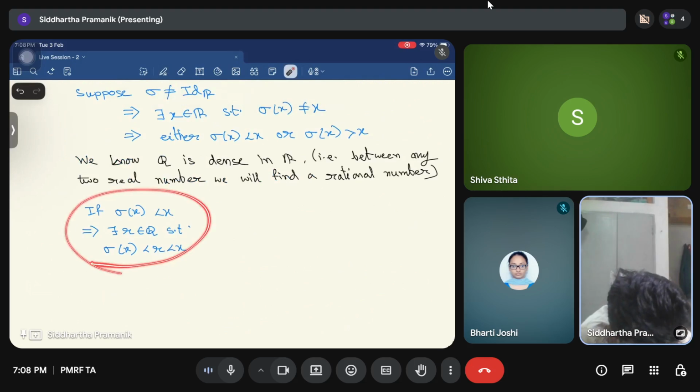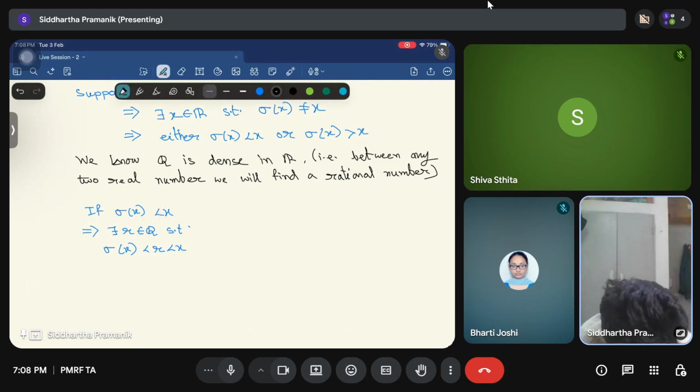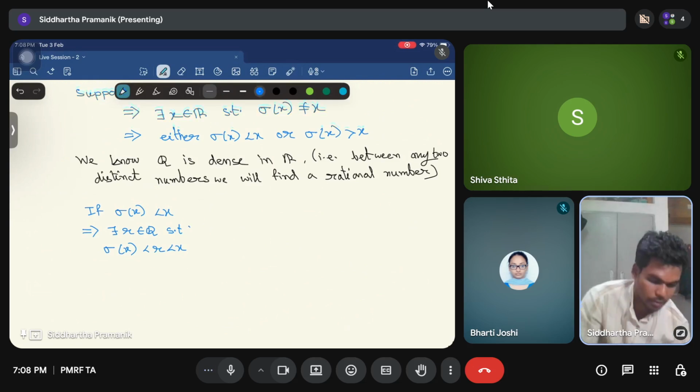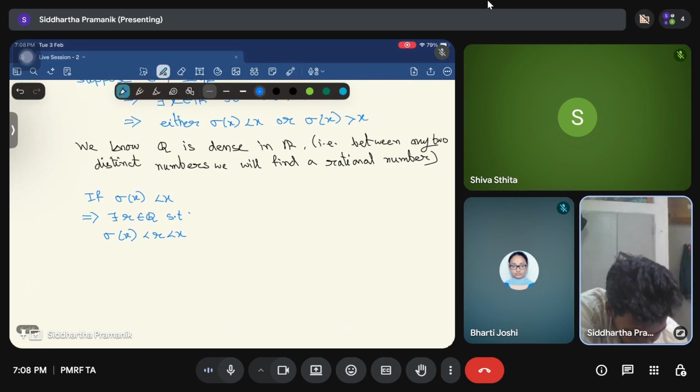So sigma x and x, these are two distinct real numbers. So between any two distinct real numbers, we will find a rational number. So we'll find a rational number r.